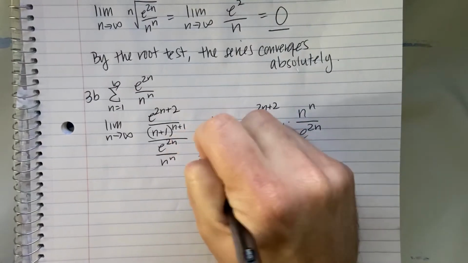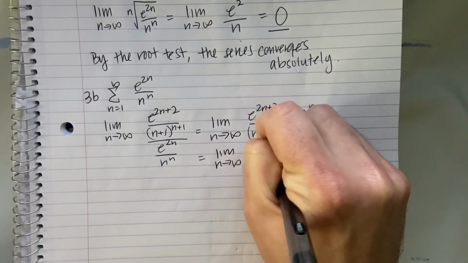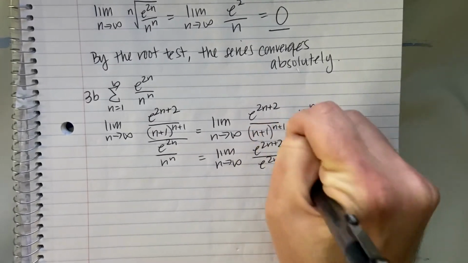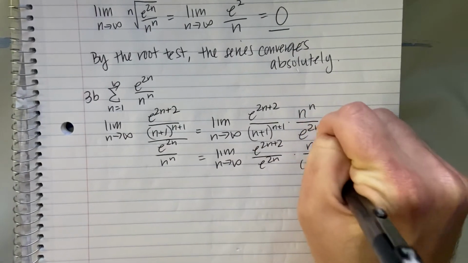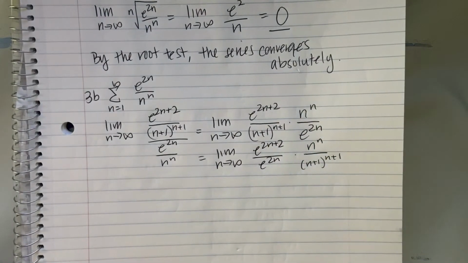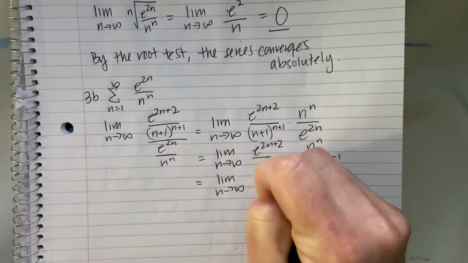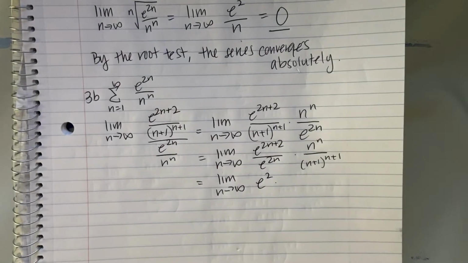Rearrange to get my terms I'm going to combine together, e to the 2n plus 2 over e to the 2n times n to the n over n plus 1 to the n plus 1. E to the 2n plus 2 divided by e to the 2n is just e squared. This we talked about.